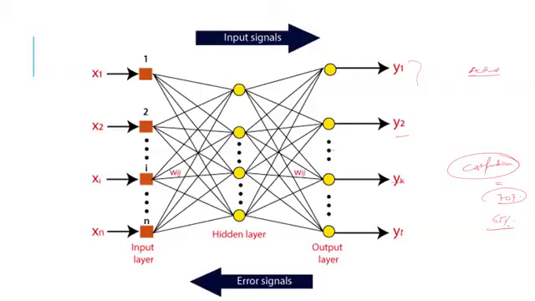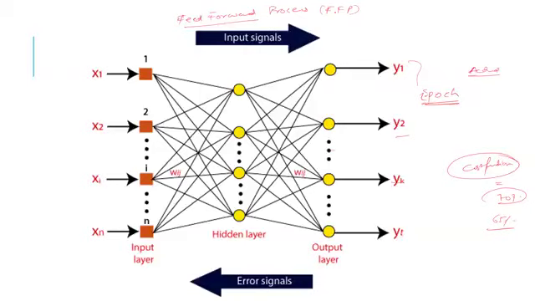Now, this one cycle from left to right and right to left is known as an epoch. Okay, and this left to right process is known as the feed forward process. So here the input is getting fed in the forward direction. So feed forward process, or we call it FFP in short.